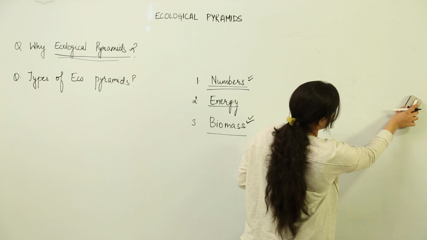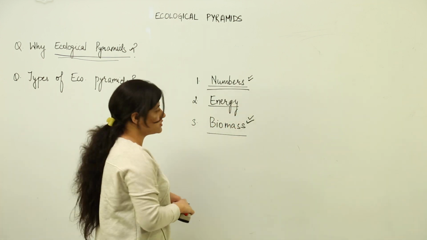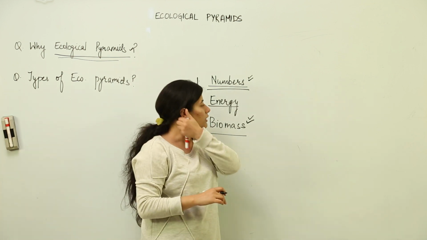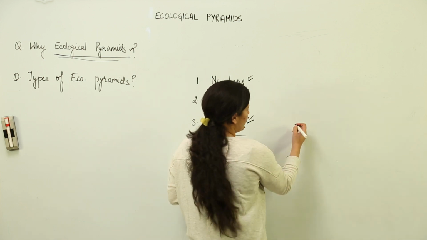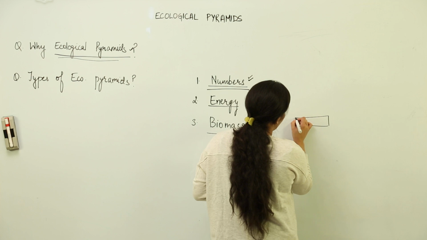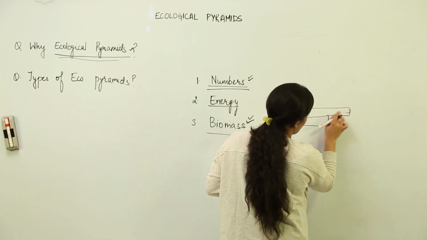When we talk about inverted pyramids in terms of biomass, we take aquatic ecosystems for representation. In the case of a pond ecosystem, you would find a few phytoplanktons which would be primary producers, and a large army of zooplanktons which would be feeding on these phytoplanktons.